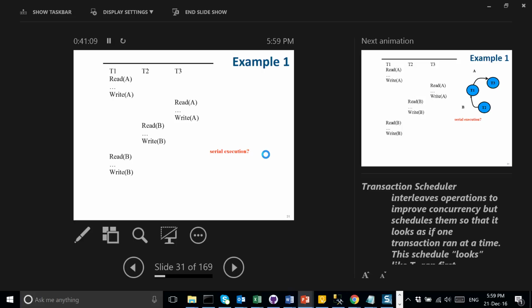So the reason why we don't release the lock when we're done with it is because the protocol says once you release a lock, you cannot ask for more. You have to release all what you have. That's why it's called two-phase locking. There is one phase called the growing phase, where you just acquire as many locks as you need. And there is the shrinking phase.